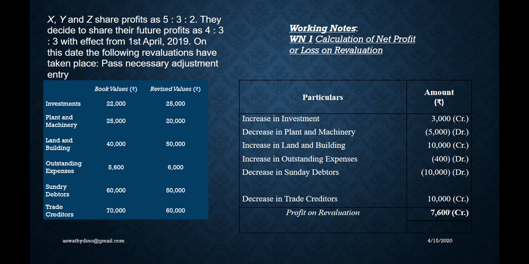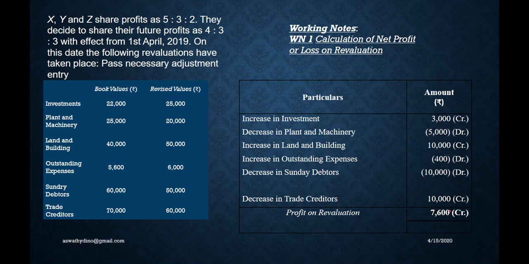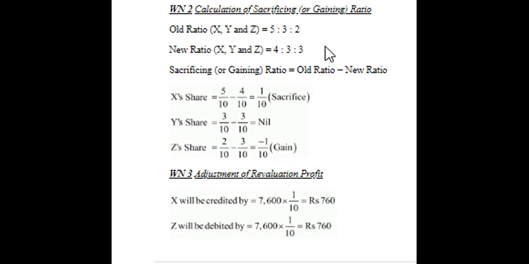Now we need to find out who is gaining and who is sacrificing. Who all are the gaining partners and who all are the sacrificing partners. Next step we are going to do that. Now we need to find out the gaining ratio or sacrificing ratio. Old ratio of X, Y, Z is 5:3:2 and new ratio 4:3:3.